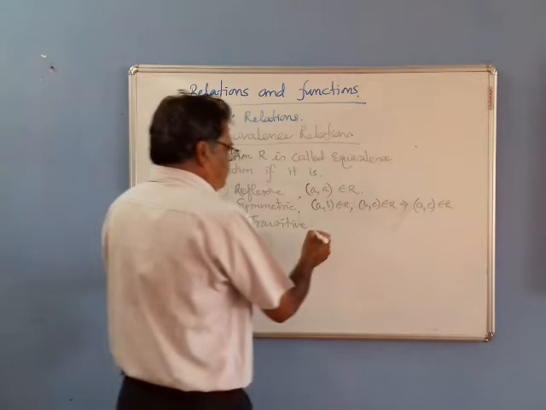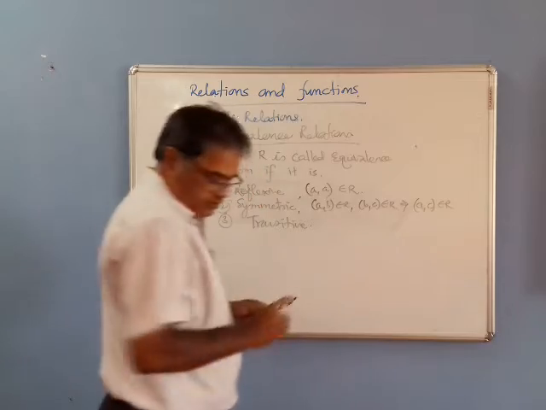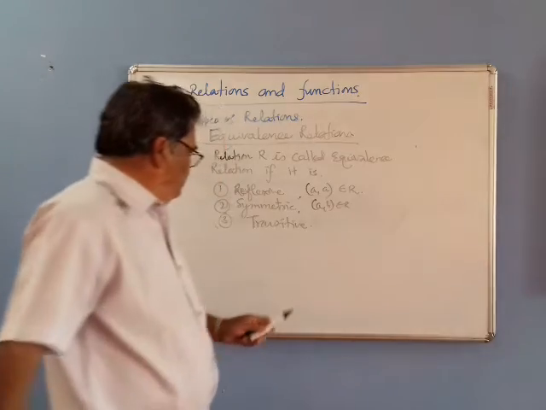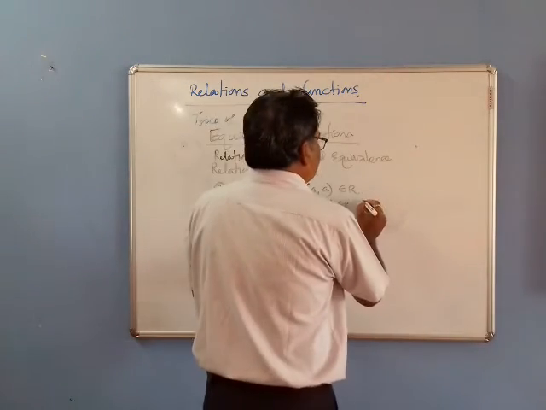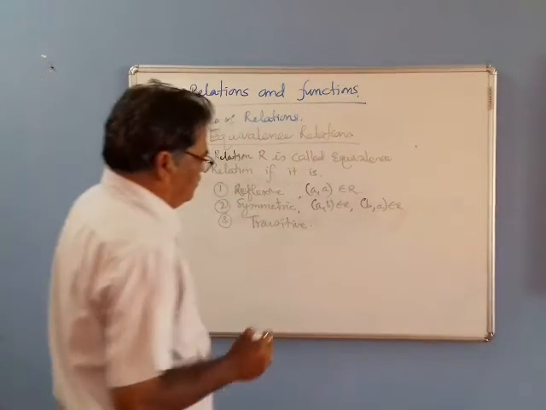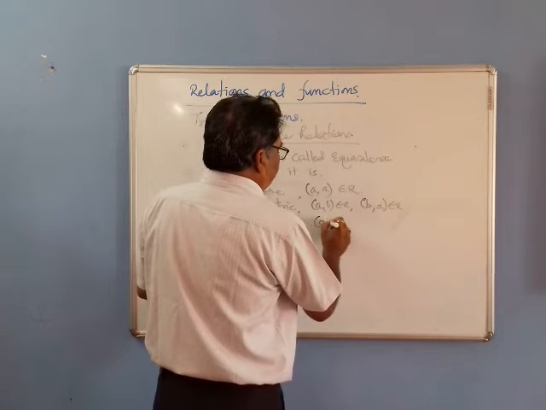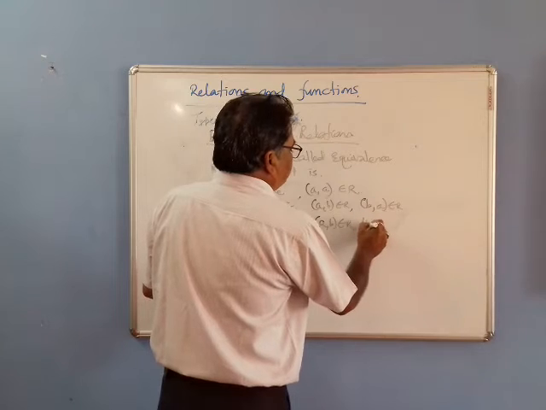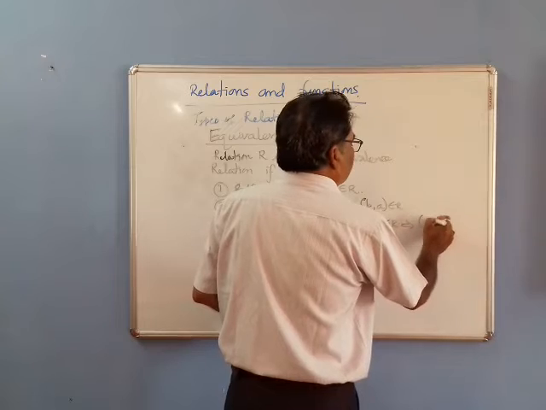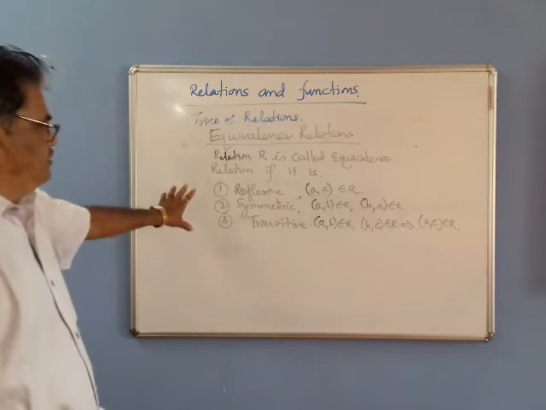Transitive means (a, b) belongs to R and (b, c) belongs to R implies (a, c) belongs to R. This is transitive.